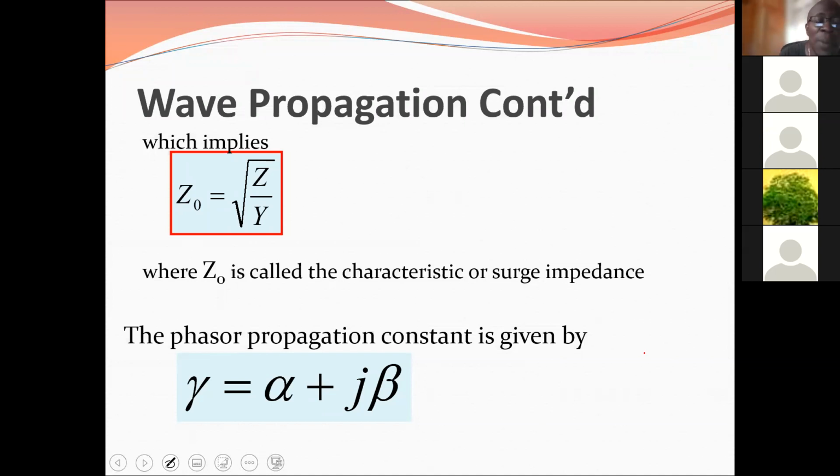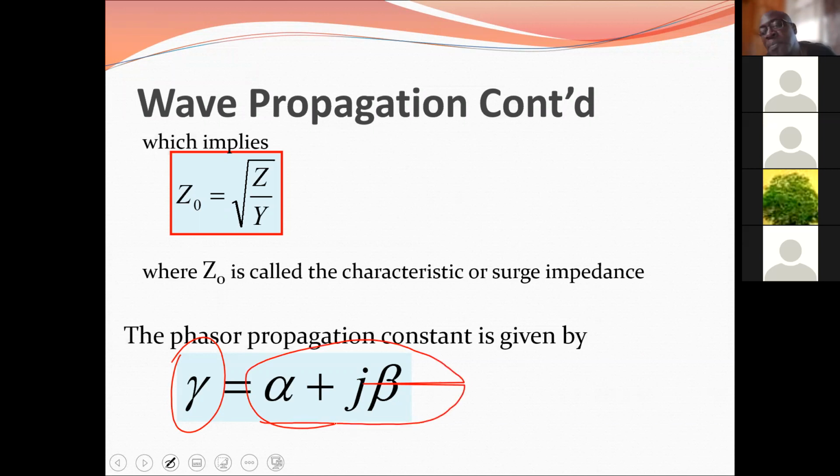So the propagation constant, that's gamma, right? And it's given by alpha plus j beta. Sorry, I got distracted, which is why I had to stop speaking. So the propagation constant, gamma, we spoke a lot about that just now, is equal to alpha plus j beta.